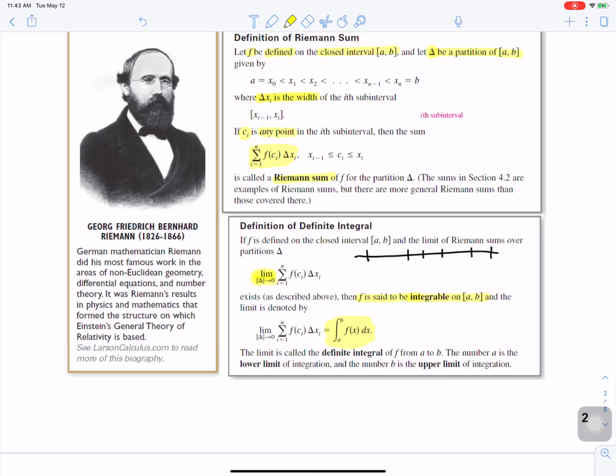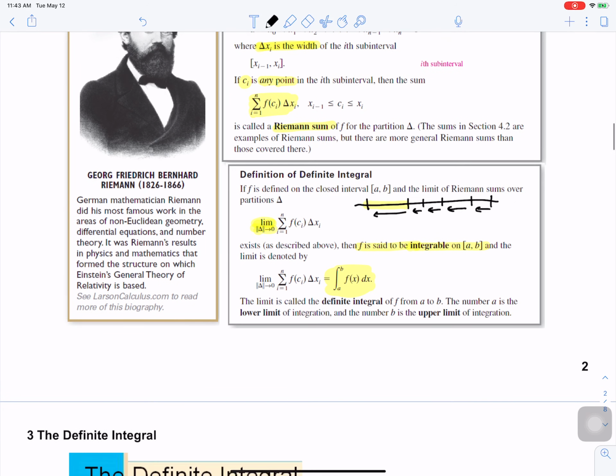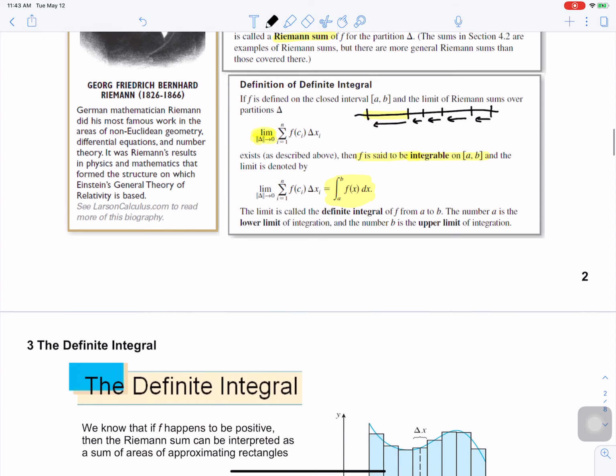And let's just say that this partition is the biggest one. What we want to do is make this partition go to 0, because if I make that distance go to 0, all of these other ones will kind of disintegrate away. Okay, and again, if this limit coincides with every other value, then I know that the function is integrable on the interval a to b.